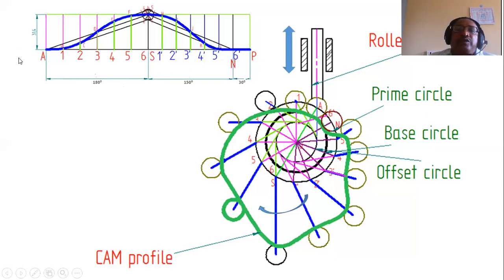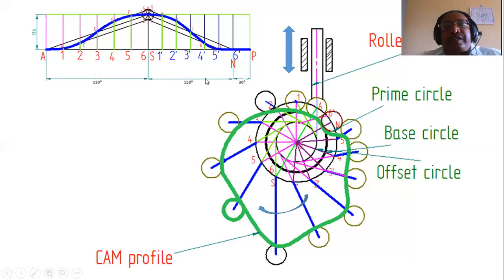Then the same procedure you follow for the return stroke as it follows the cycloidal motion. Now, A, that is AOS in this direction. Here it is the return stroke SON.